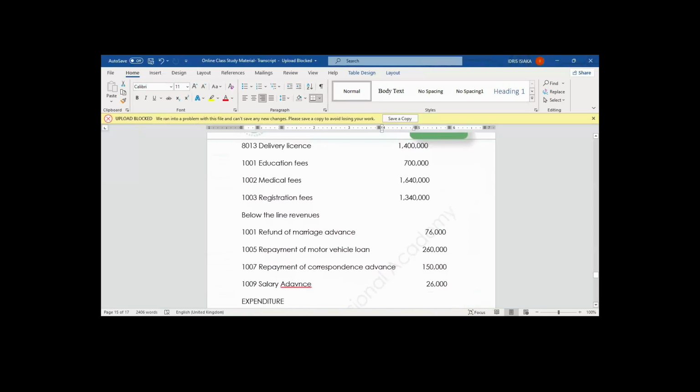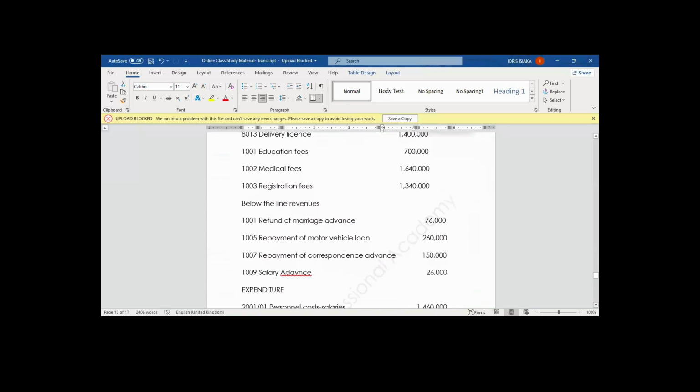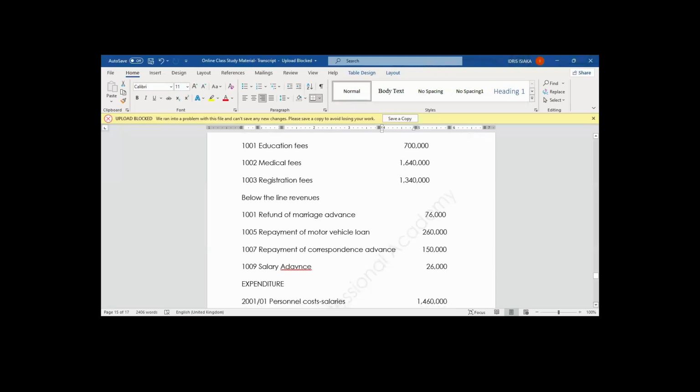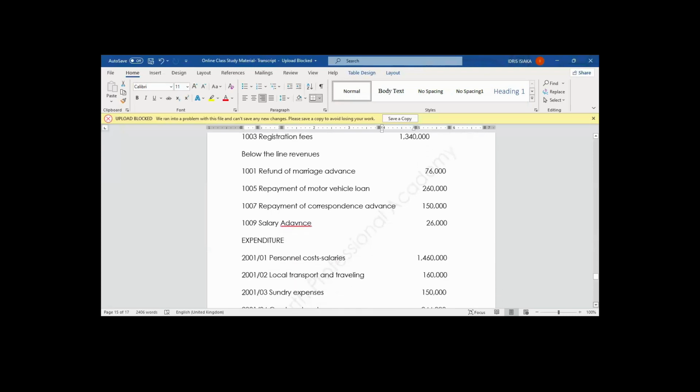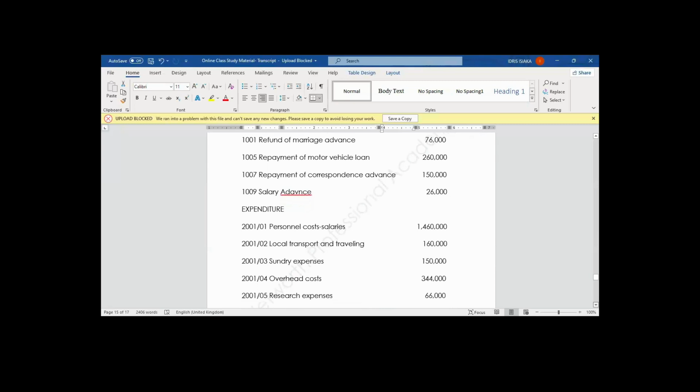Below the line revenue: 10,001 refund of marriage advances, 10,005 repayment of motor vehicle loan, 10,007 repayment of corresponding advising, while 10,010 salary advances.